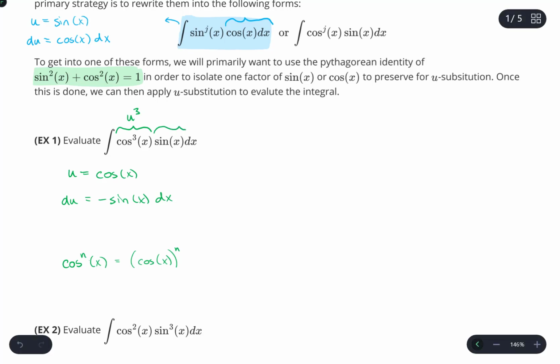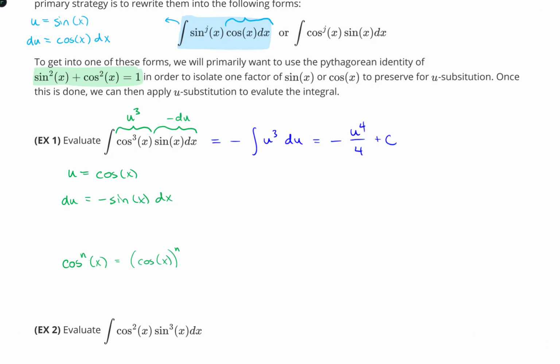And then this part, sine x dx, is going to get replaced with essentially negative du. So it's not minus du, of course, but a factor of negative. So our integral will become negative of the integral of u cubed du, which we can integrate with the power rule, so negative u to the fourth over 4 plus some arbitrary constant, and that would be negative 1/4.